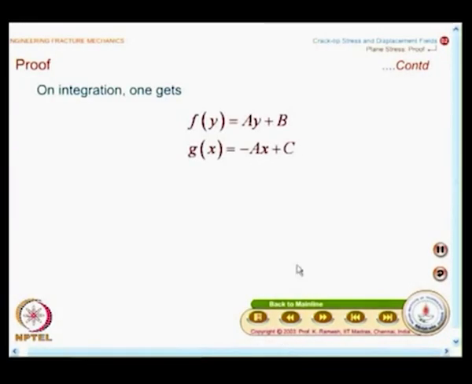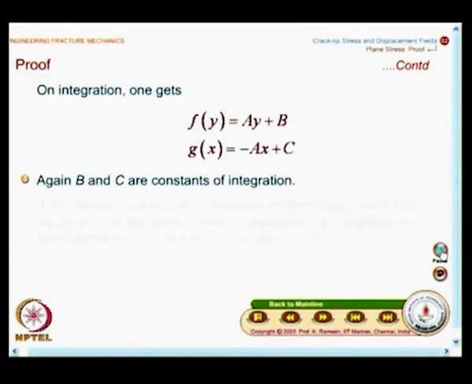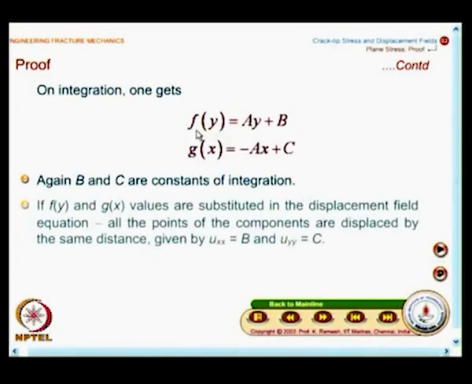Suppose I go back and substitute the displacement field, what happens to it? When I integrate this, I get f of y equal to a y plus b and g of x equal to minus a x plus c, and these are constants of integration. So, now I know what f of y and g of x are.